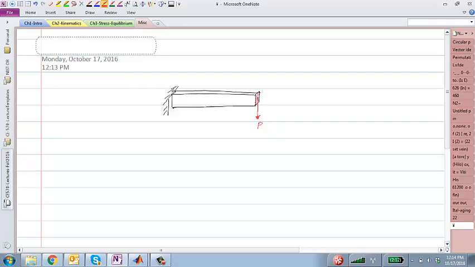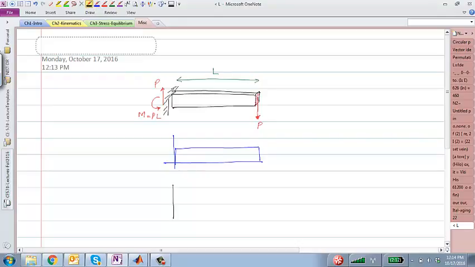Okay, for the shear force diagram, first we calculate reactions. So P at the wall, and moment M, which would be equal to P times L, where let's say L is the length of that beam. The shear force diagram goes up to P, goes across as a constant shear force, then drops down.